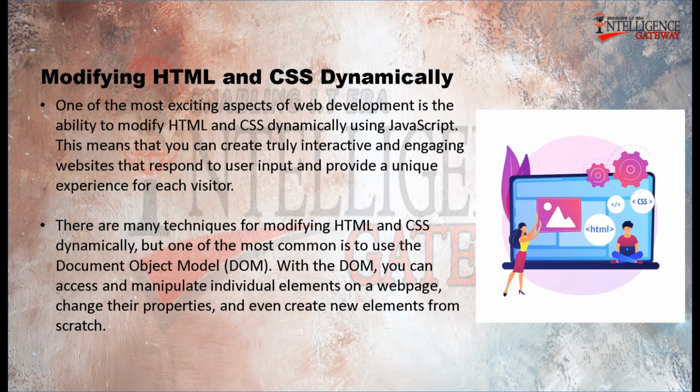There are many techniques for modifying HTML and CSS dynamically, but one of the most common is to use the Document Object Model, DOM. With the DOM, you can access and manipulate individual elements on a web page, change their properties, and even create new elements from scratch.